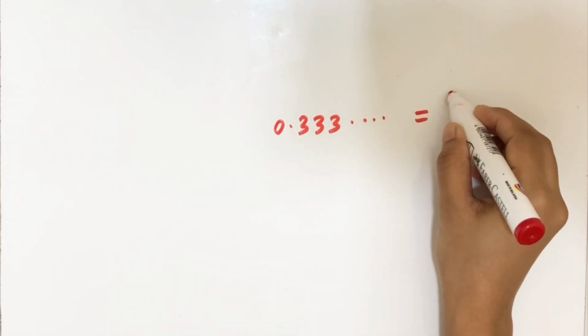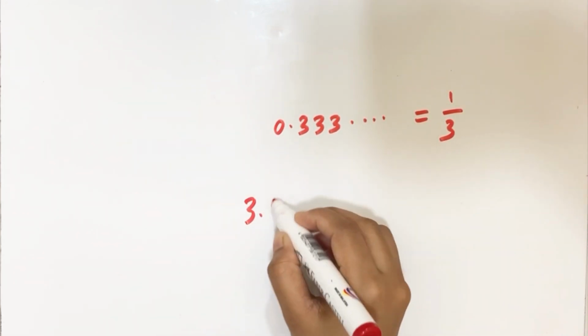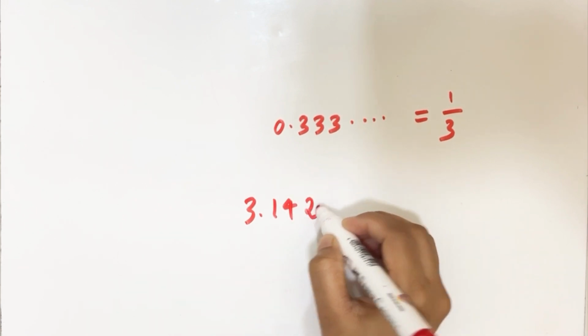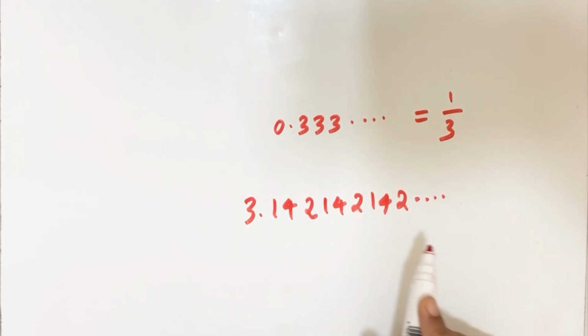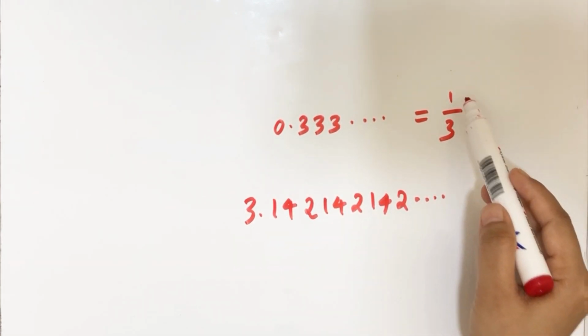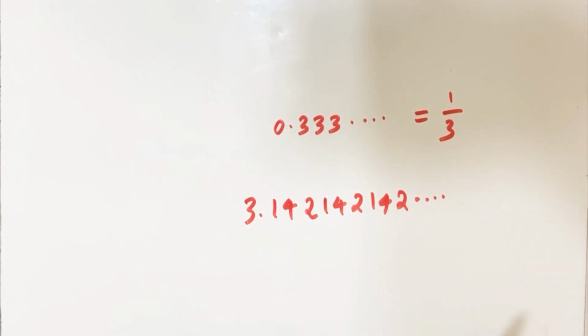Yes, it is just 1 by 3. Like that, what is 3.142142142 etc.? Can you express it in the form of a numerator by denominator? Yes. So, in this video, you will see how to express repeating decimals as rational numbers.